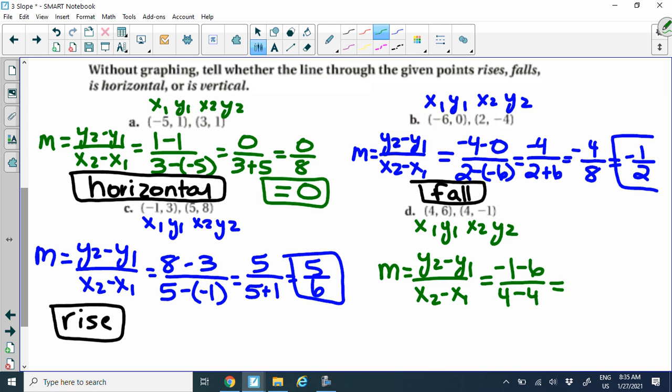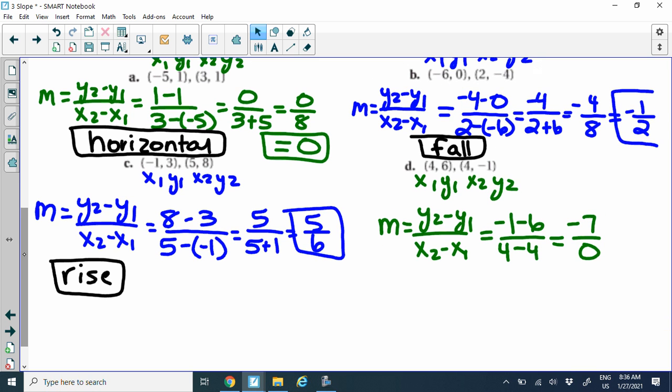So on the top, I have -1 minus 6, so that gives me -7, and then I get 4 minus 4, which gives us 0. Now remember, can we divide by 0? No, we can't put things in 0 groups. So whenever we have 0 in the denominator, that means it's undefined. So when you get 0 in the denominator, your answer isn't -7/0 for your slope. Your answer for the slope is actually undefined.